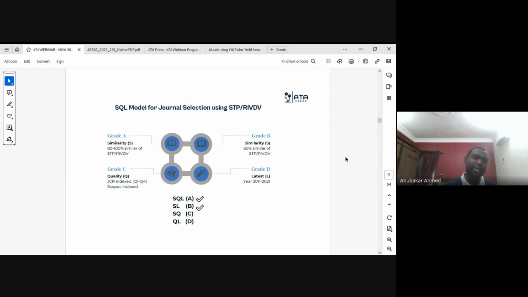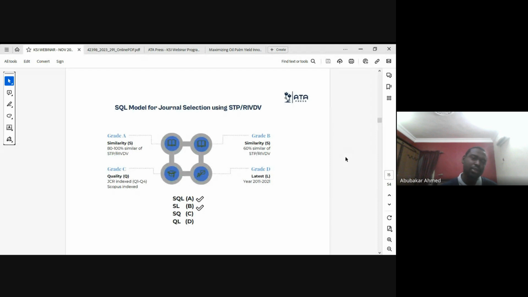Maybe we can take from 2000 to 2023, 2024, but we will look at that when we come to the aspect of how to write a literature review article. So these are the three or four key components to consider when selecting your articles for writing a journal article.